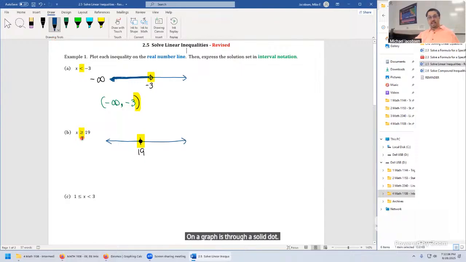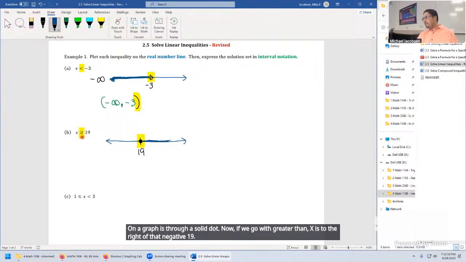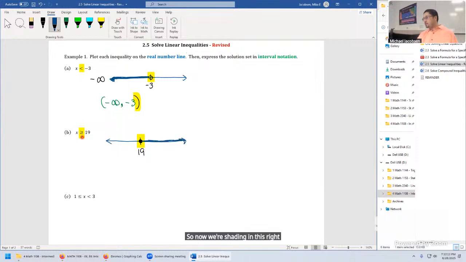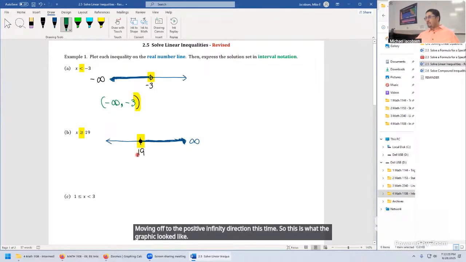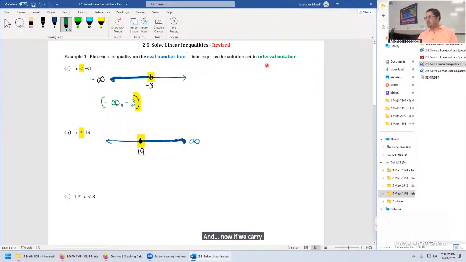Now, if we go with greater than, x is to the right of 19. So now we're shading in this right-hand direction, going off to the positive infinity direction this time. So this is what the graph would look like. And now if we carry it down to interval notation, it would convey like this.